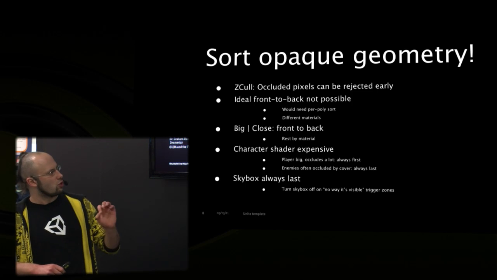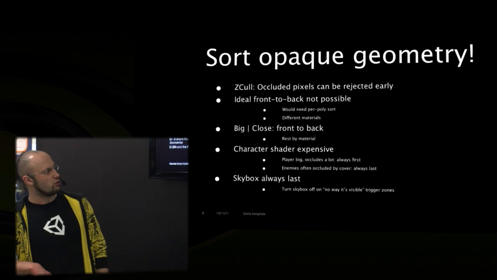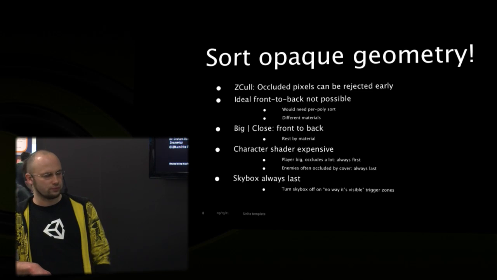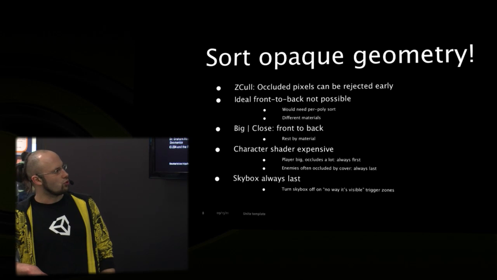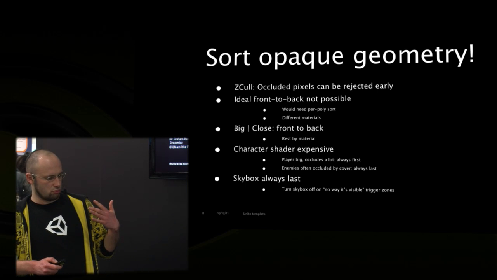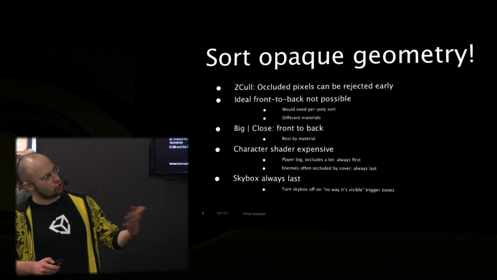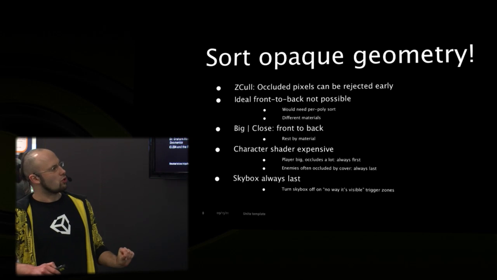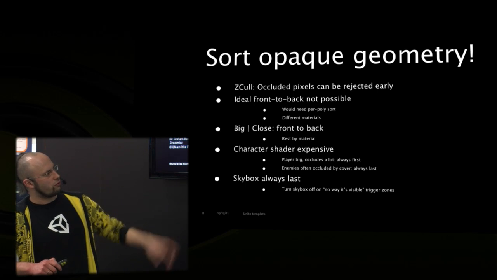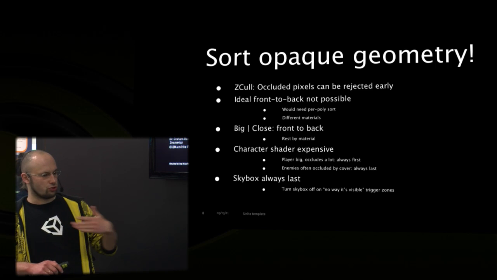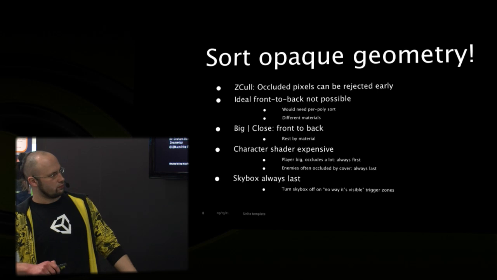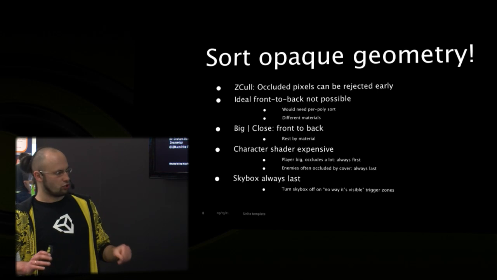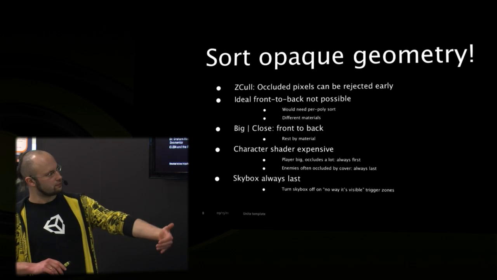If you render pixels behind that, they can be quite trivially rejected, and it's much cheaper than actually rasterizing that pixel. So in order to get full advantage of the zcull, you need to sort all the opaque geometry from front to back.